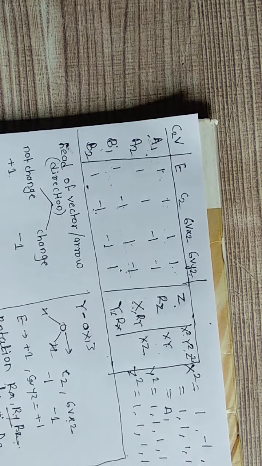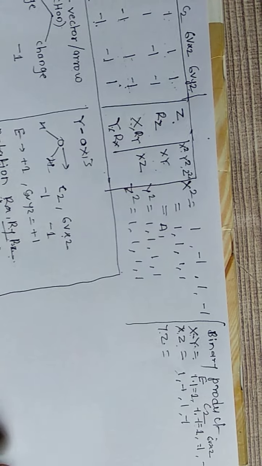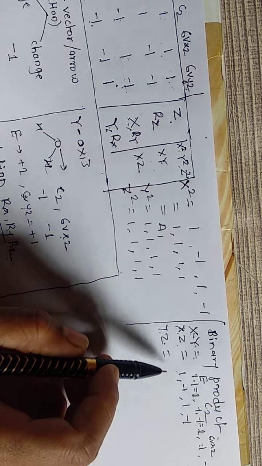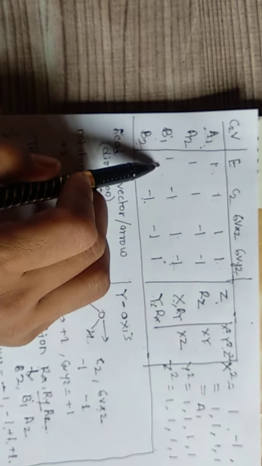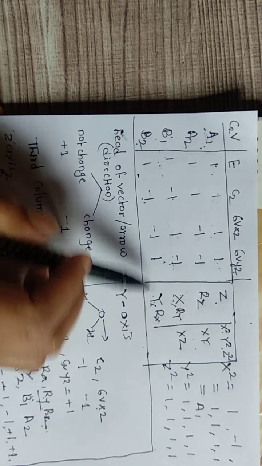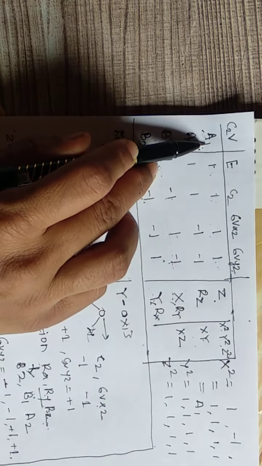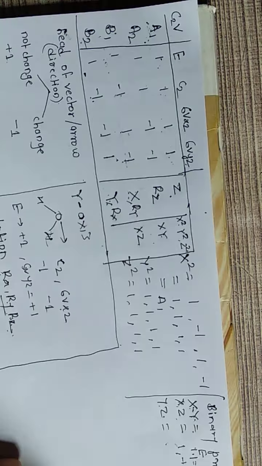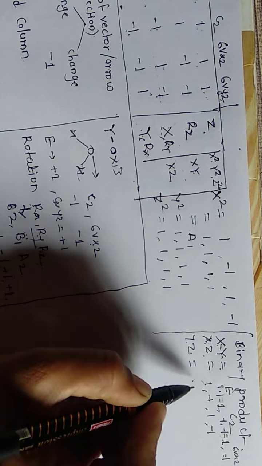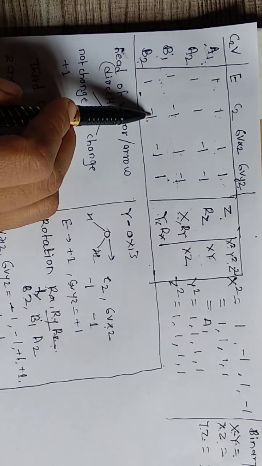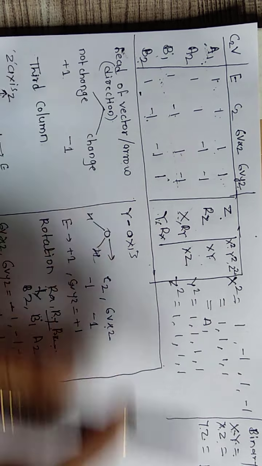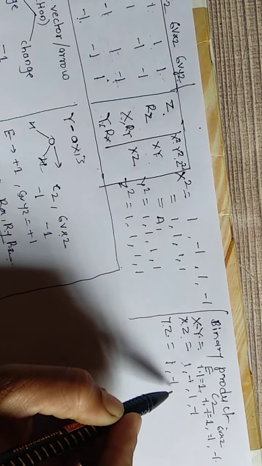Okay. Then yz. Next is yz. Y means B2 and z means A1. Then for identity, 1 into 1 is 1. Then for C2, minus 1 into 1 is minus 1.